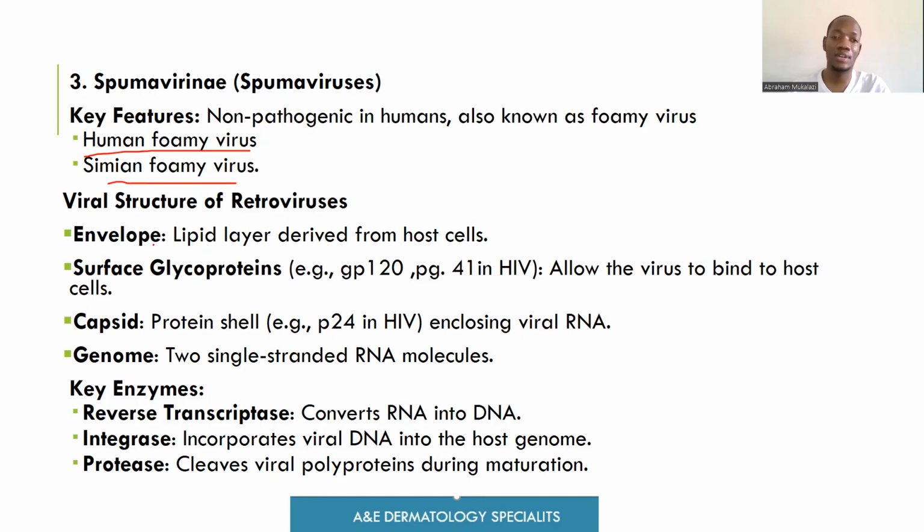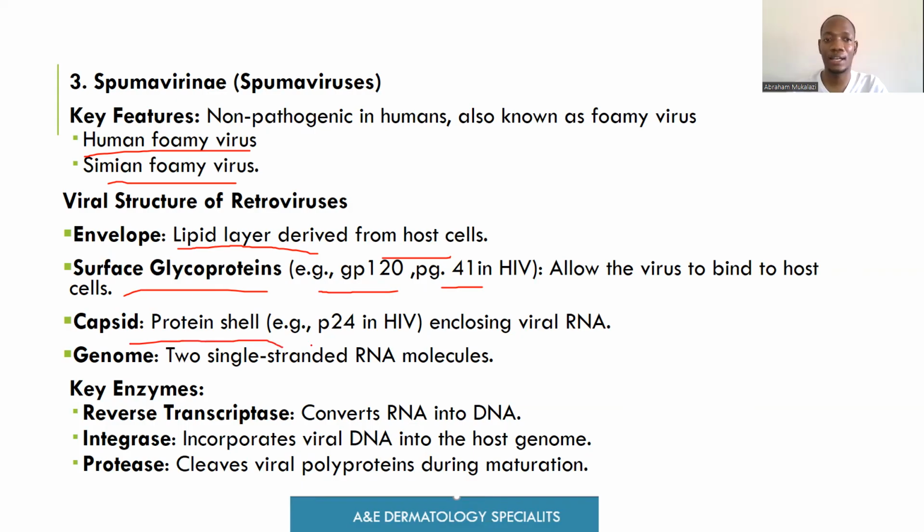When you look at the structure of these viruses, they are surrounded by a lipid layer derived from the host cell. Then they have the surface glycoproteins, glycoprotein gp120 and glycoprotein gp41. This will also allow them to bind to the host cells, as you're going to see subsequently.